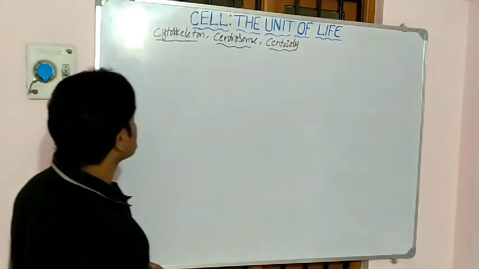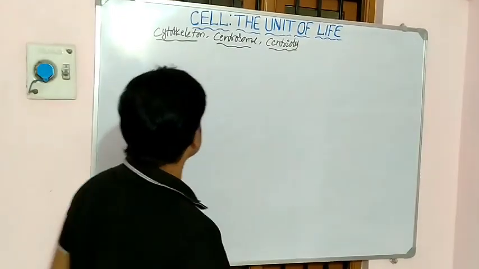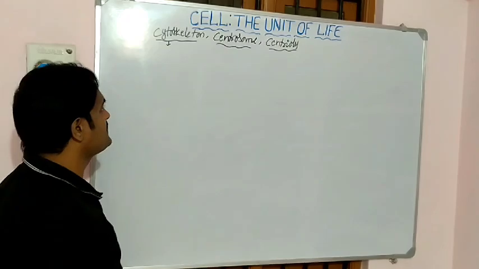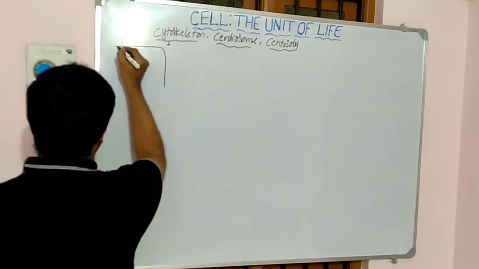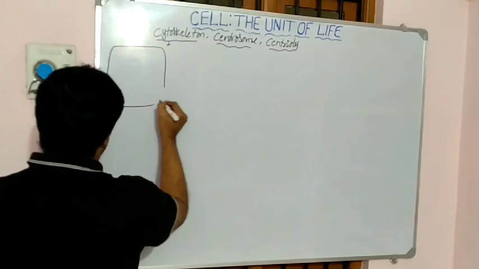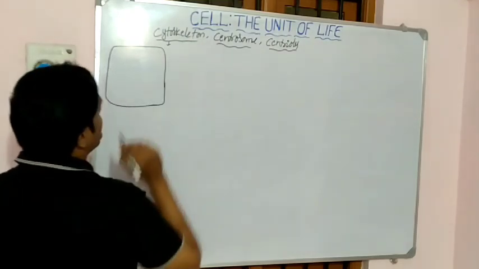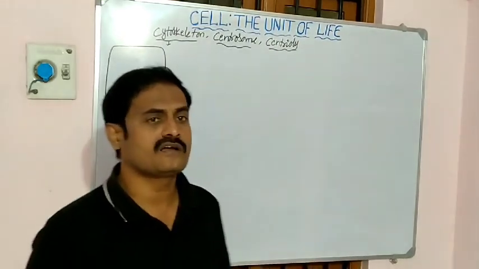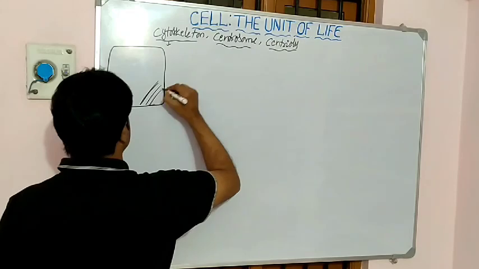So see, first coming to the cytoskeleton. Cyto means inside of the cell. For suppose if you take one cell here, inside of the cell skeleton is present. Skeleton means a network of arrangement like this.